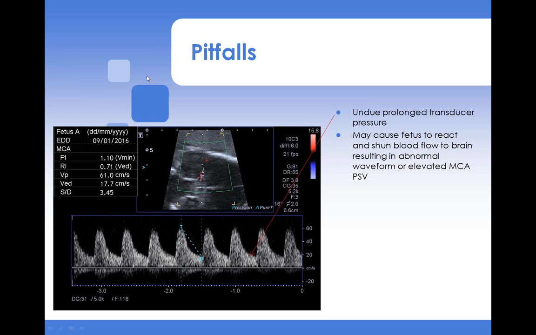If this happens, and there are no other signs of anything going askew, you'd probably just repeat the trace in a few minutes, give the baby a rest.